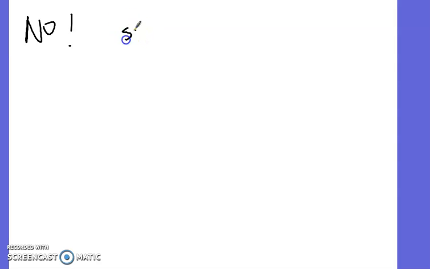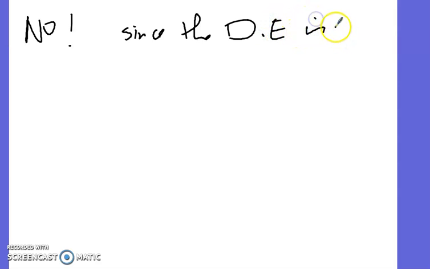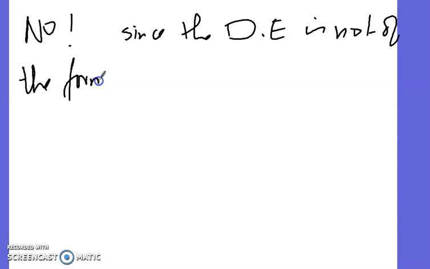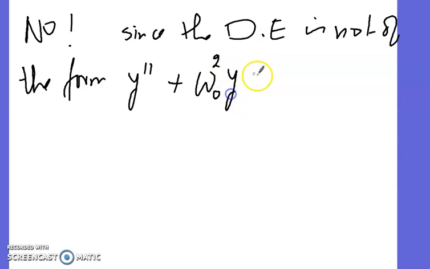Since the differential equation, as I did with the compound pendulum, is not of the form y double prime plus omega 0 squared y equals 0. Here there is theta double prime, but here there is sine theta.